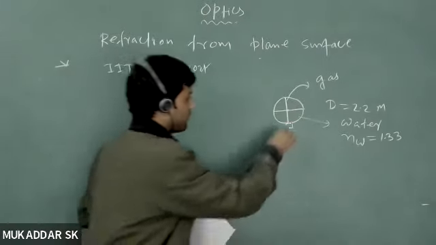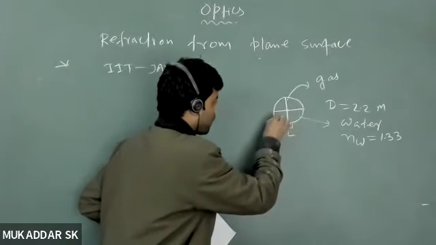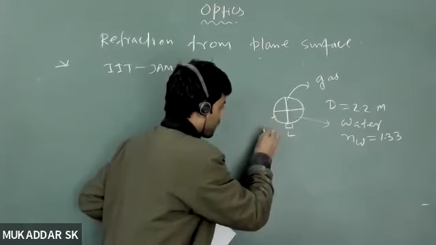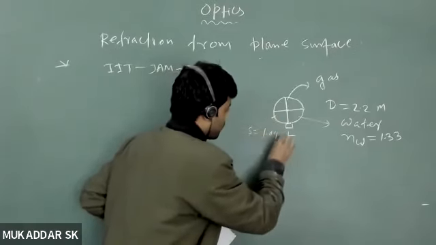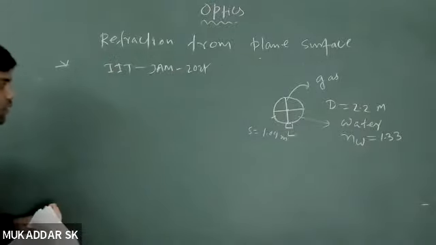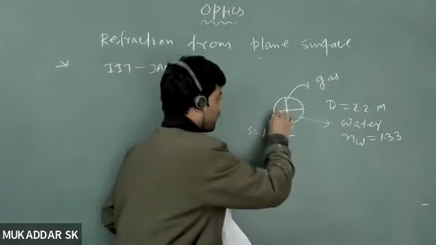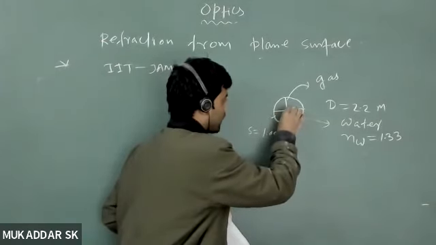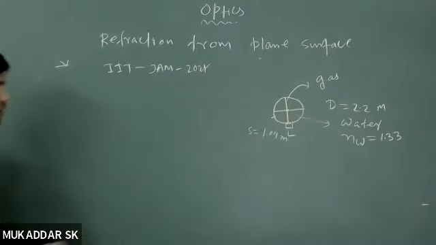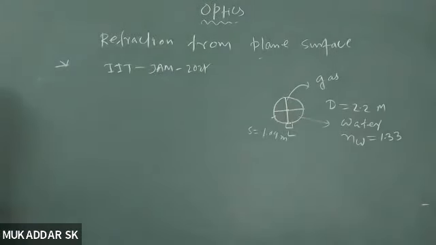Now, when this laser source is moved away from the lowest point by a distance of 1.09 meter, then whatever ray is striking the center is actually not going to the gas.